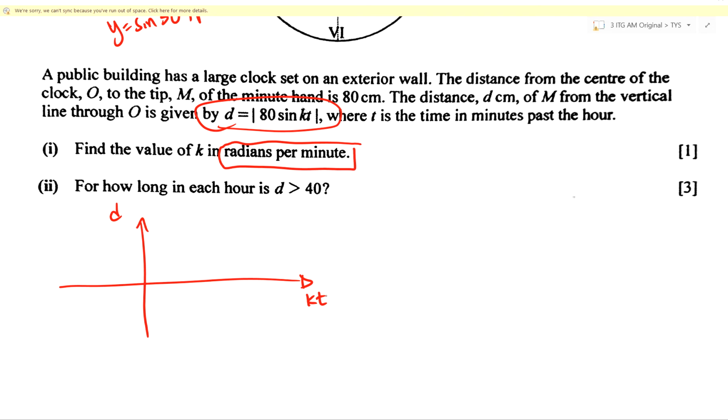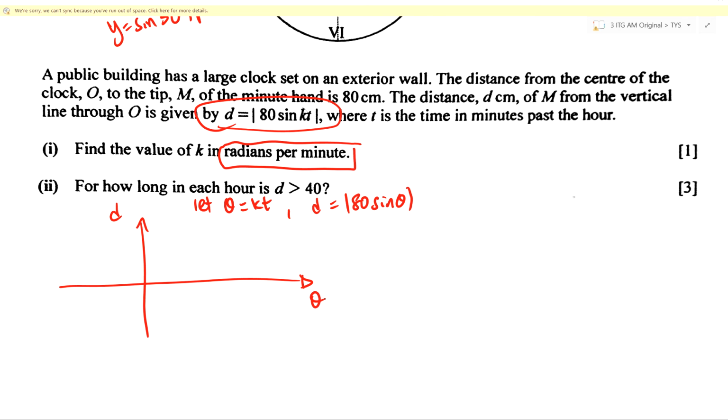Or to simplify things even further for you, let theta equal kt. Okay, so now I am going to sketch the graph of d equals modulus 80 sine theta. Now this shouldn't be a problem to you anymore, yes? Where theta is equal to kt.